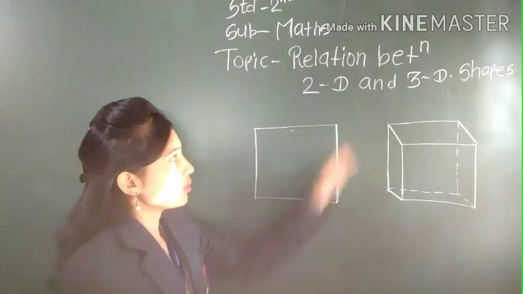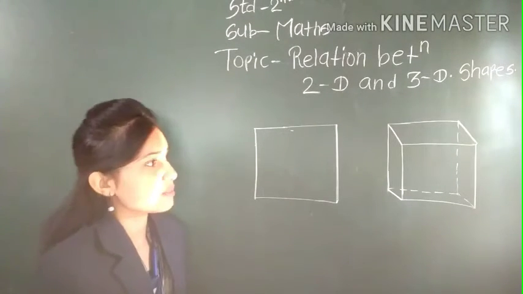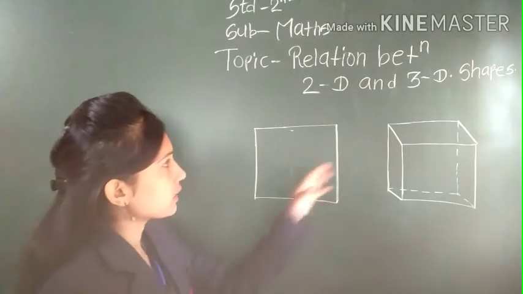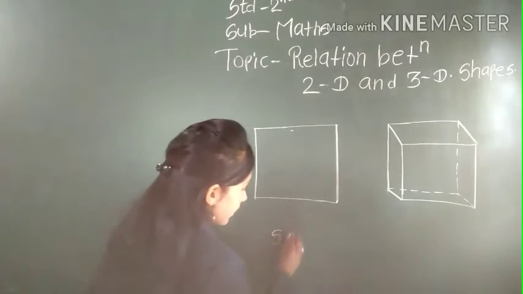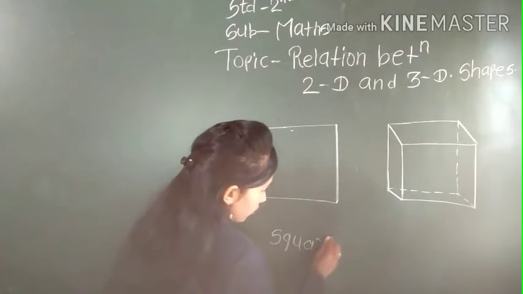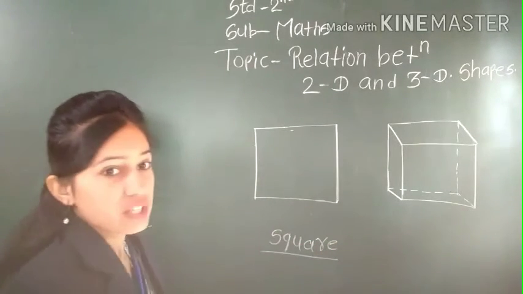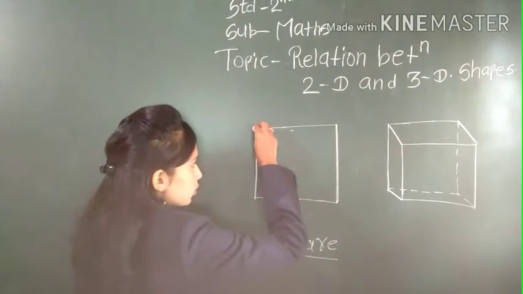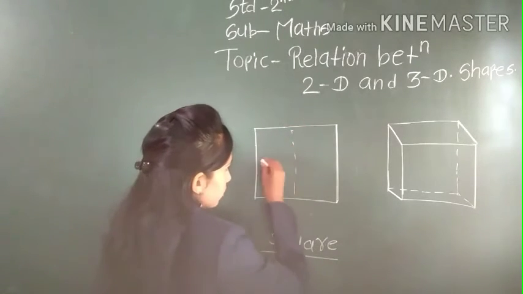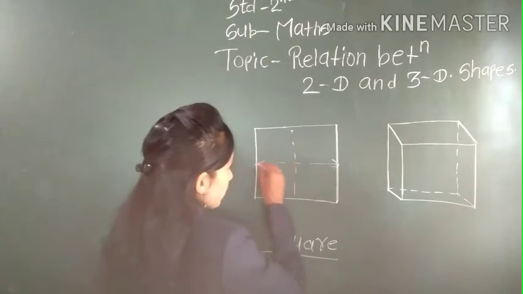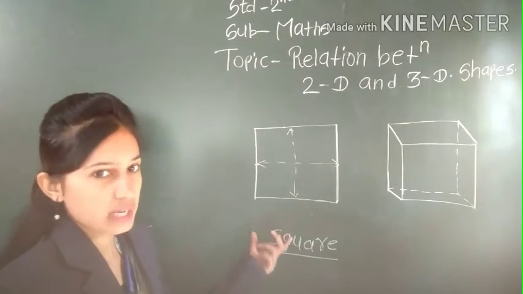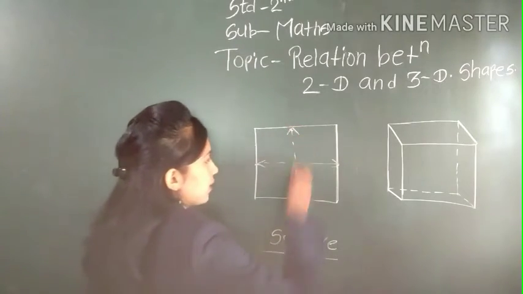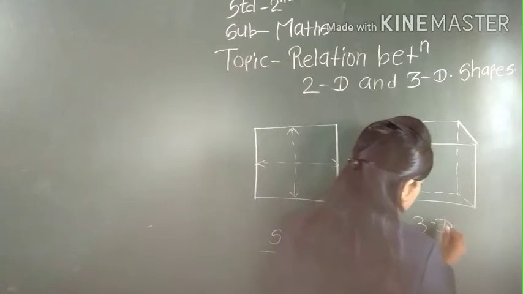Next, relation between 2D and 3D shapes. 2D means two-dimensional and 3D means three-dimensional. This is a square. ये क्या है? Square is a two-dimensional shape. And this is a 3D shape.